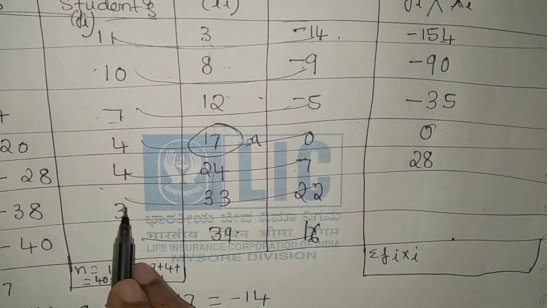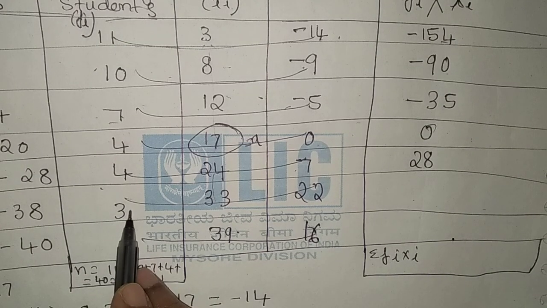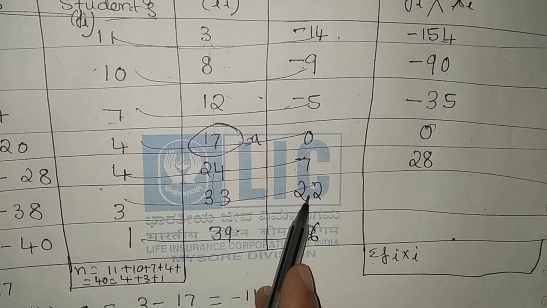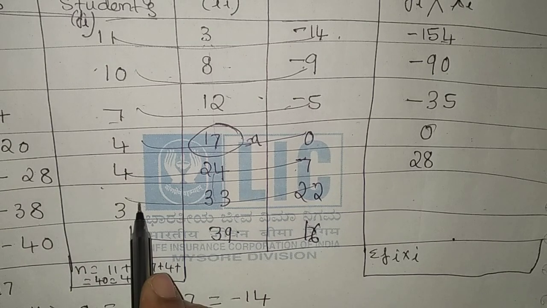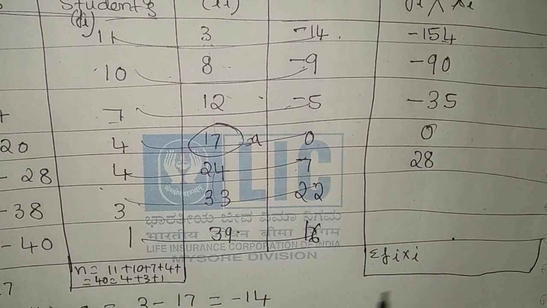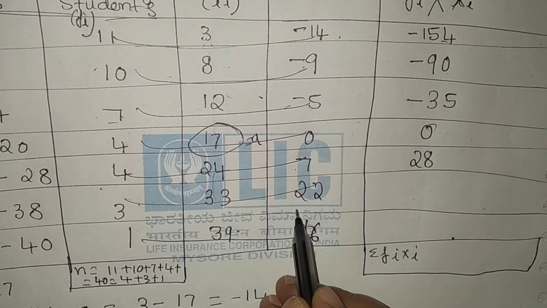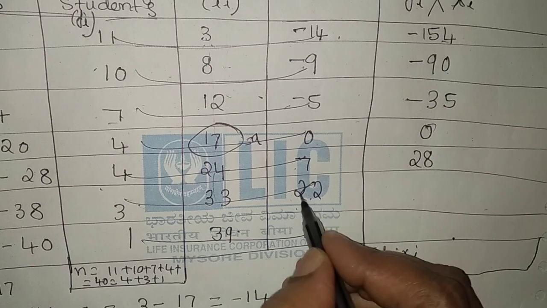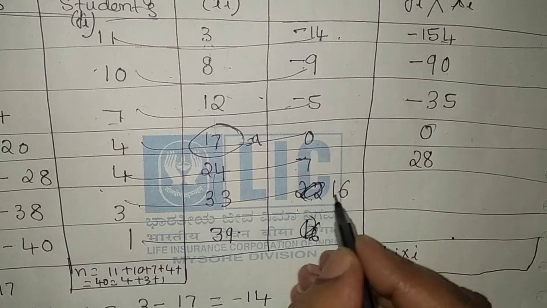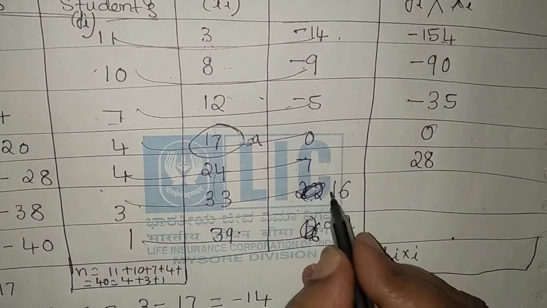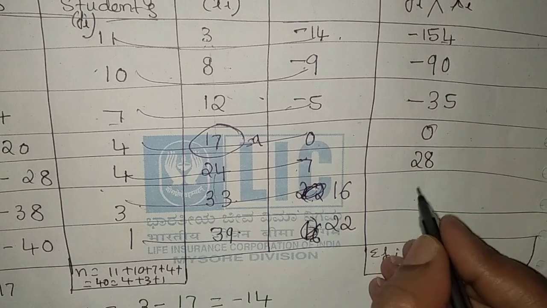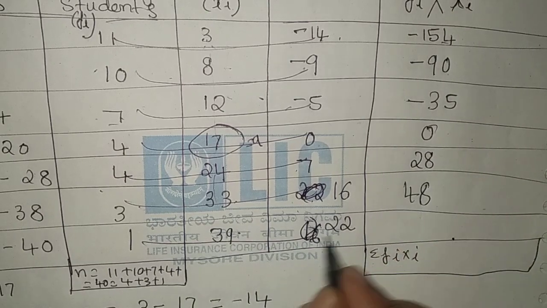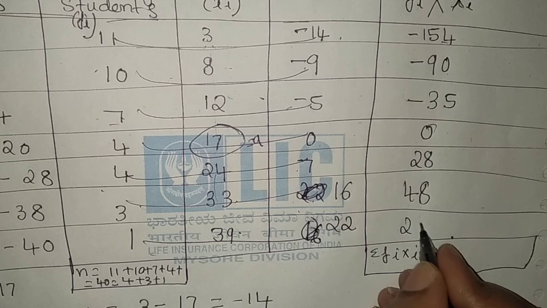Then 22 into 3 will be 66. Here also, that is 33, 16. 3 into 16 will be 48. Then 22 into 1 will be 22.